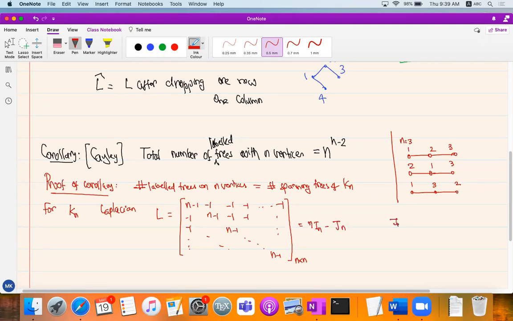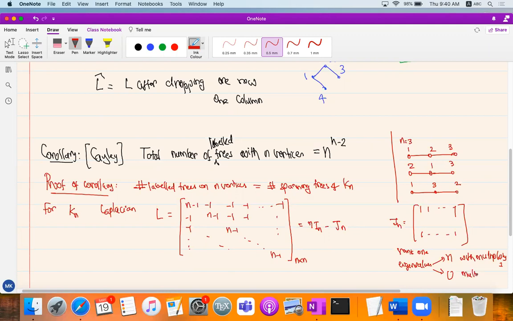J is the all 1 matrix. This is a rank 1 matrix. Eigenvalues are, so there is one eigenvalue n with multiplicity 1. And all the other eigenvalues are 0.